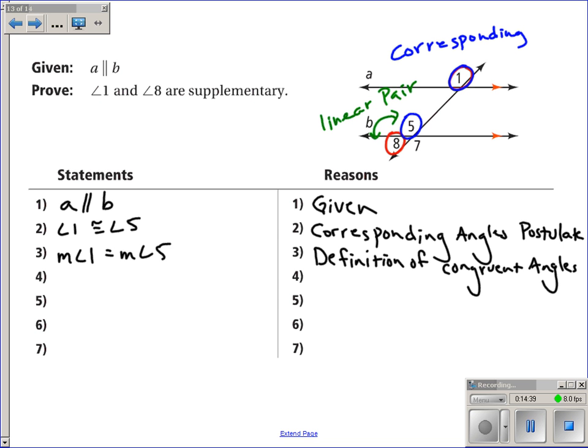Our next statement is about the linear pair: angle 5 and angle 8 are supplementary, and that's by the linear pair theorem.